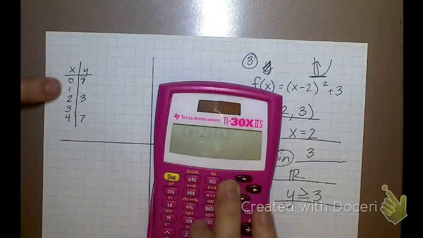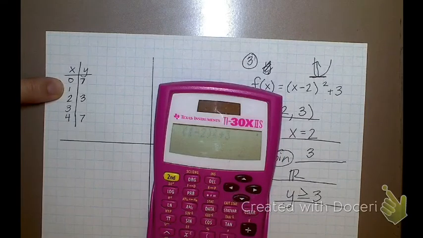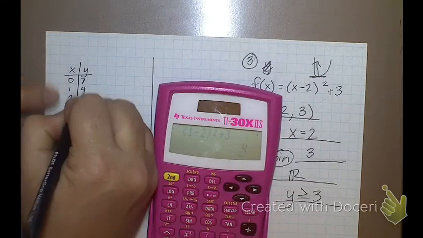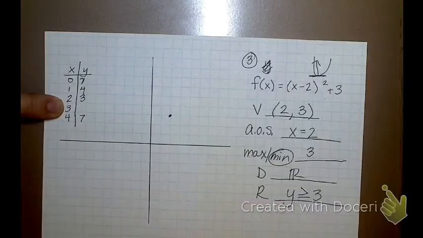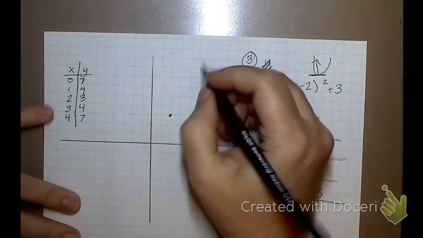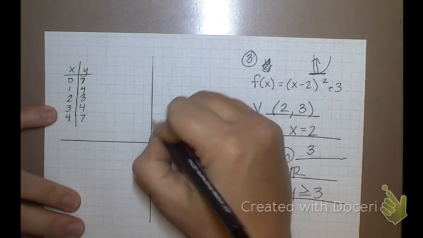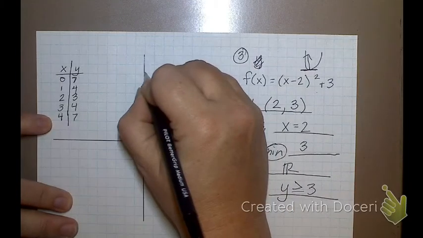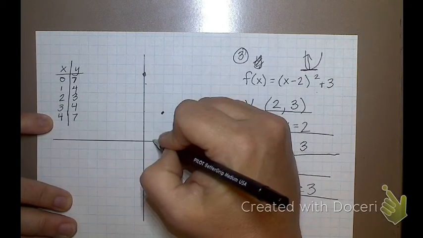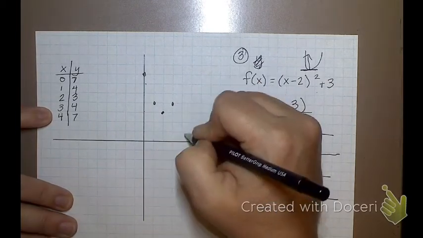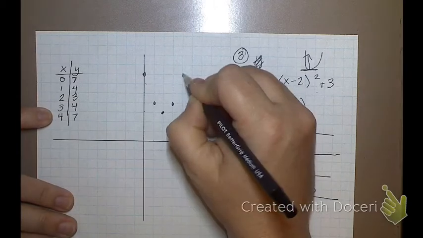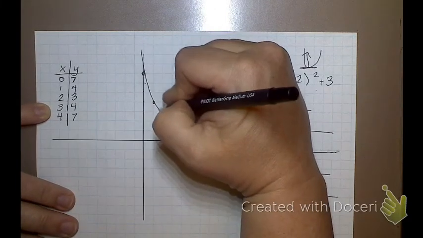So now let's try 1, 4, and 3 should also be getting me 4. There it is. So let's plot the rest of them: (1, 4), (3, 4), and (4, 7). There's my parabola.